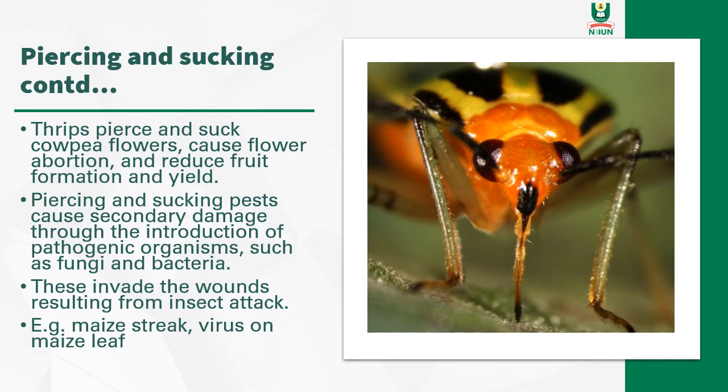And this piercing and sucking insect also causes secondary damage. You can see their proboscis. That's what they use to pierce and suck. They cause secondary damage because they introduce pathogens. When they pierce, they leave a scar on the plant, so pathogens will just come in. An example of this pathogen is the maize streak virus.